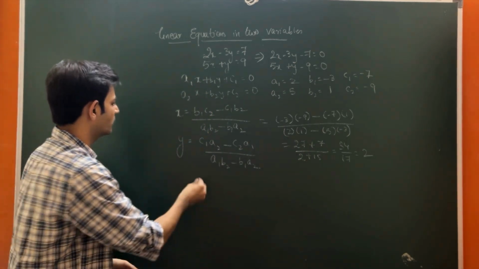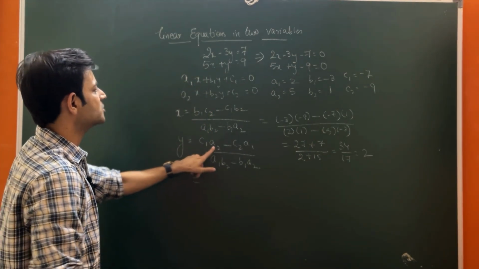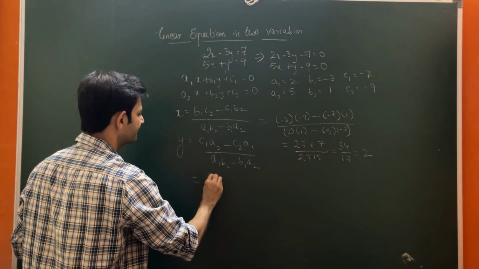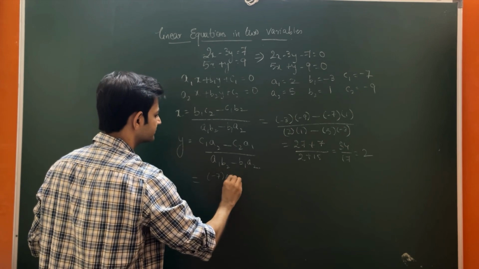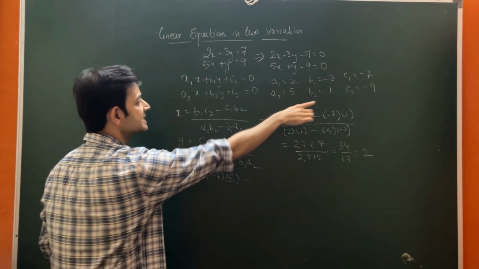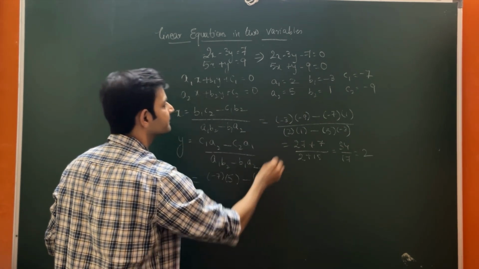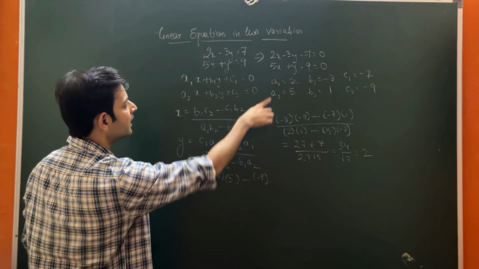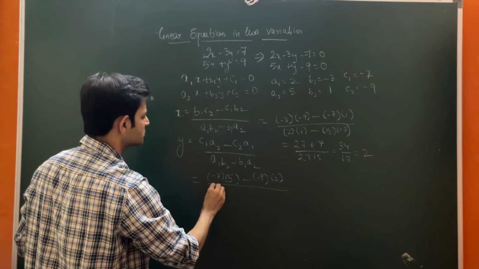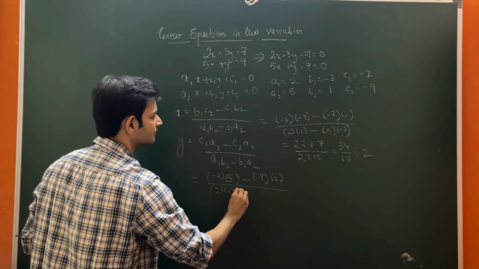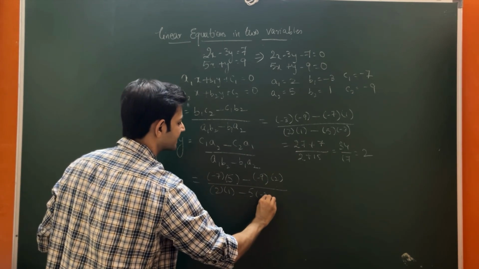Similarly, we'll solve for y. C1 A2. C1 is minus 7. A2 is 5. Minus C2 is minus 9. And A1 is 2, upon same thing, that 2 into 1 minus 5 into minus 3.